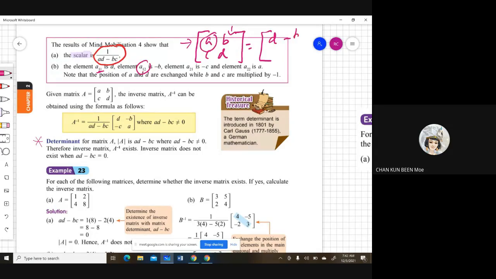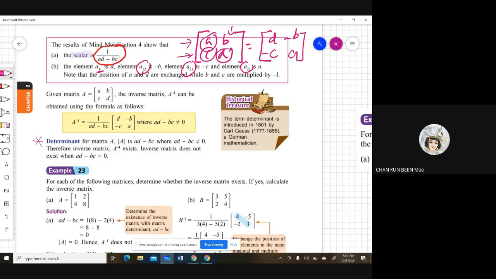So it is negative B. Element A21 is second row, first column. So C is the one, it is negative C. And element A22 is this, so it is an A.